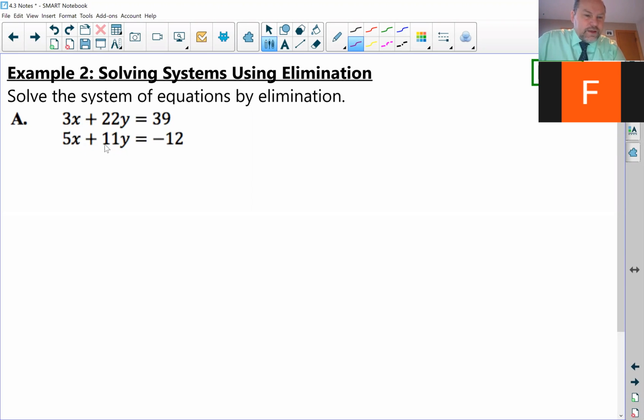the 22y and the 11y, well, 22 is simply 2 times 11. So if I multiply my second equation by -2, I will get opposites that I can then add and eliminate, in this case, the y's.